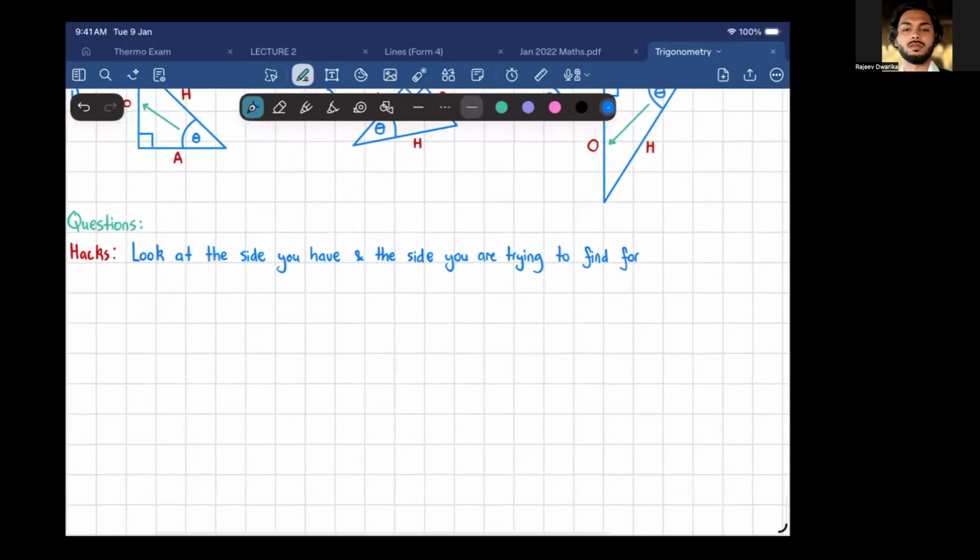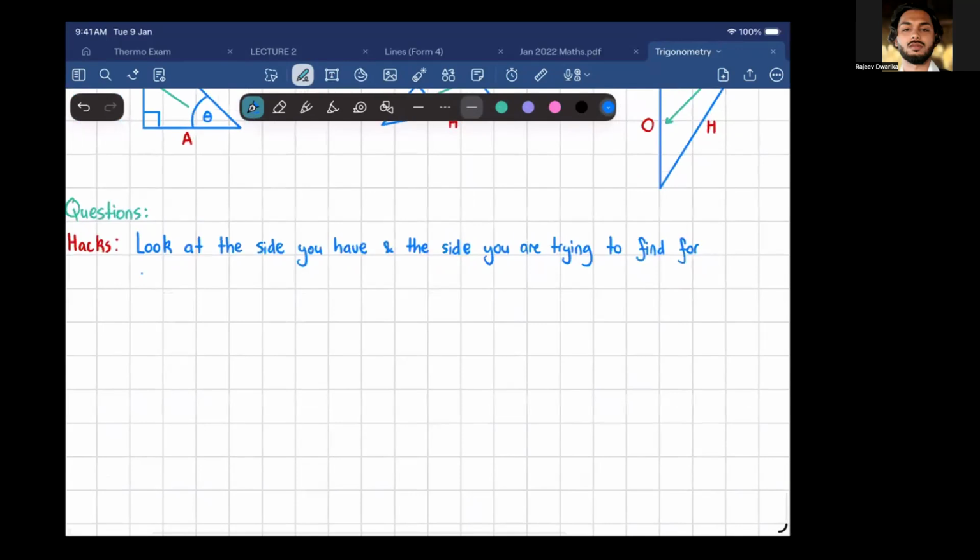All right, so again, look at the side you have and the side you are trying to find for.